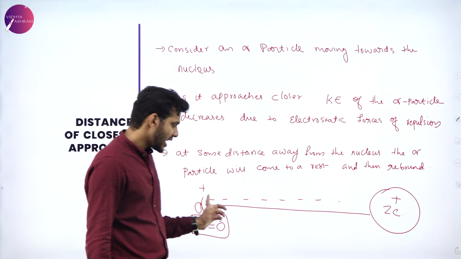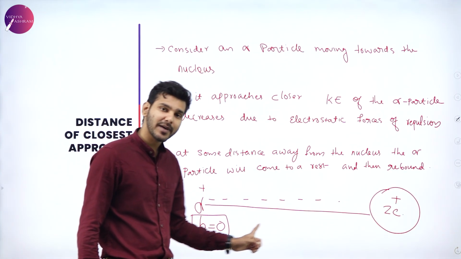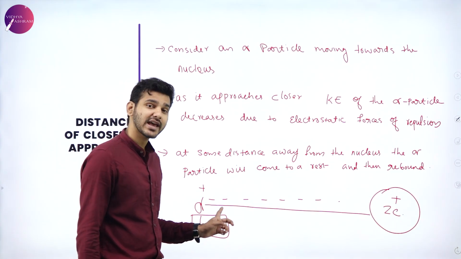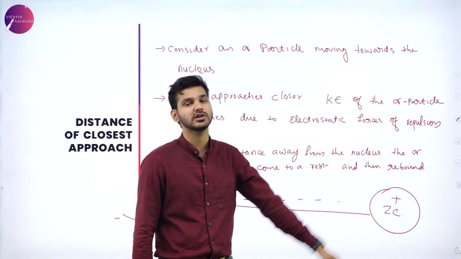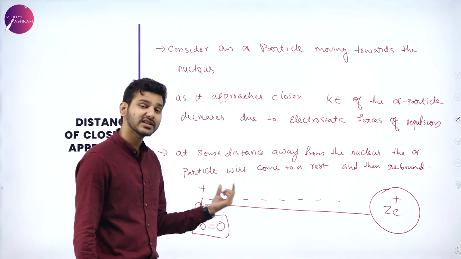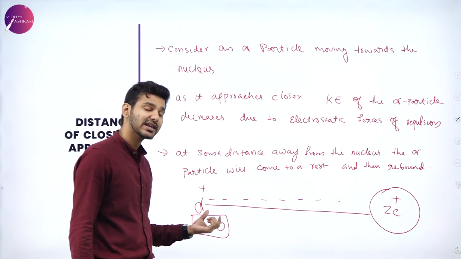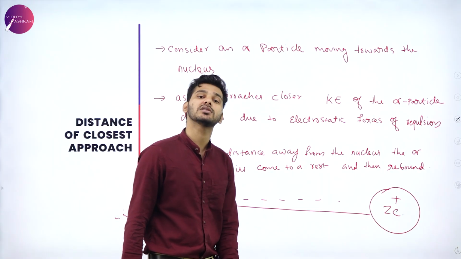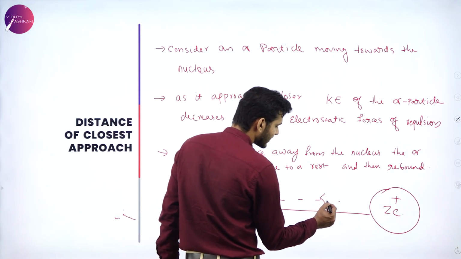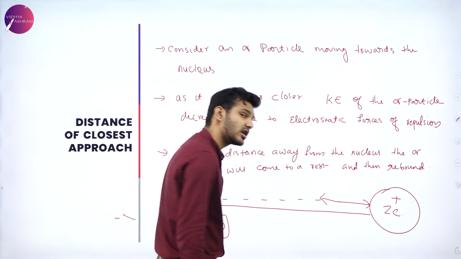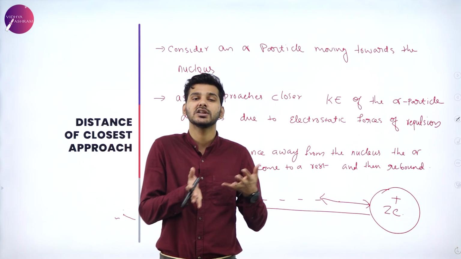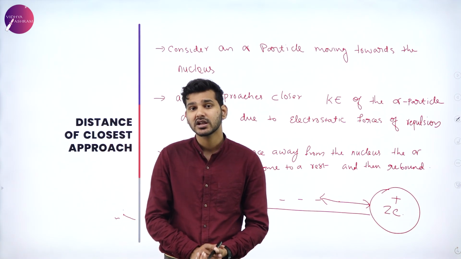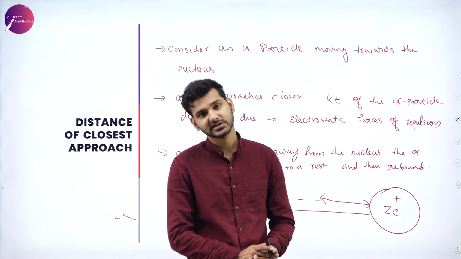Before it rebounds back at 180 degrees, there is a maximum distance up to which it can reach near the nucleus. The maximum distance the alpha particle can reach near the nucleus is known as the distance of closest approach. The closest the alpha particle can come near a nucleus is known as the distance of closest approach.